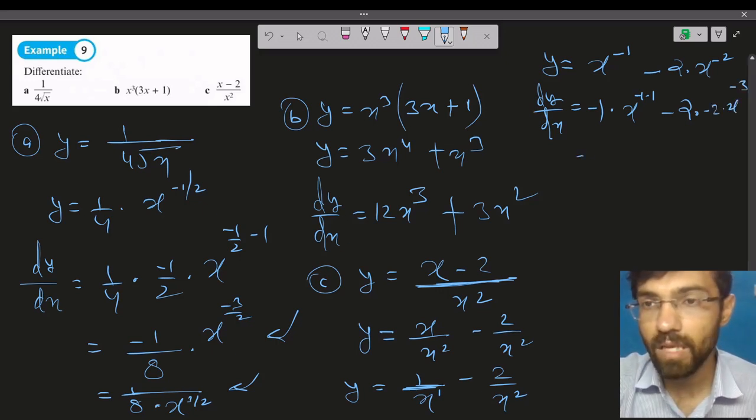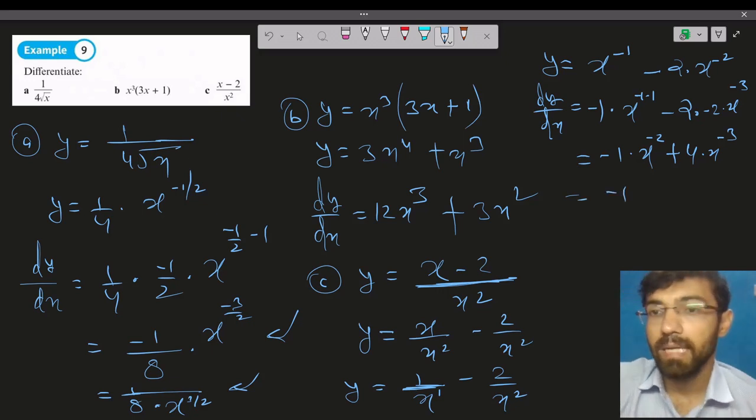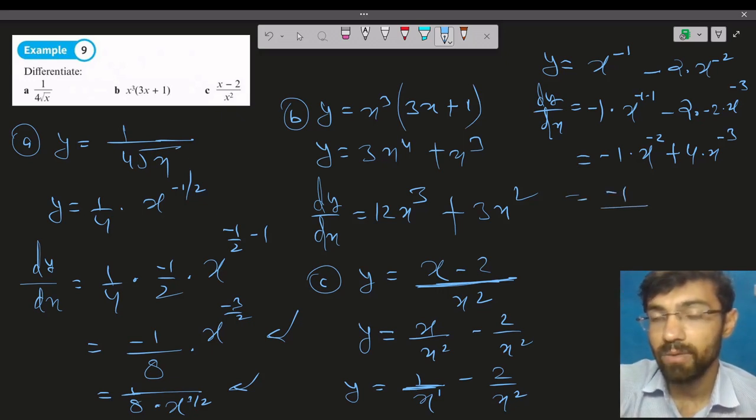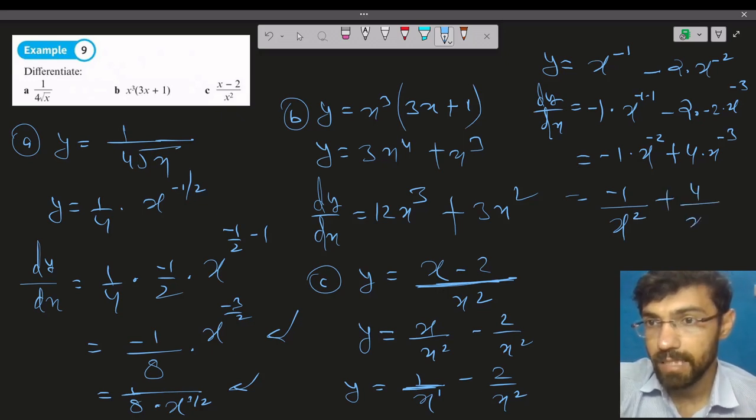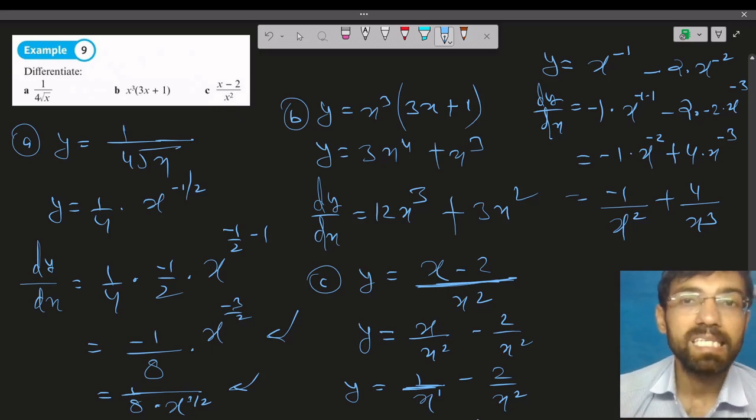So this equals minus 1 into x raised to minus 2, minus minus 2 into minus 2, it will be plus 4 into x raised to minus 3. And I can write this as minus 1 upon x raised to 2. Let us bring it to the denominator, so the power will be positive. 1 upon x square, and similarly the same thing here, so this is x cube. This is my dy by dx for the last one, part C.